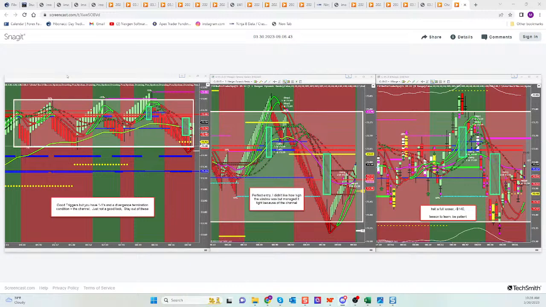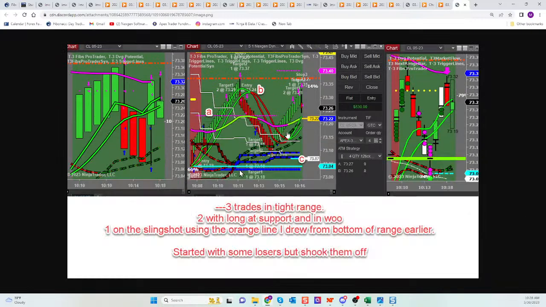Then Tony, let's see what you're doing. 3 trades in a tight range. 2 with longs at support inside of favorable large triggers. 1 on the slingshot using the orange line from the bottom of the range earlier. Started with some losers, but shook them off. So went long with all the triggers down.